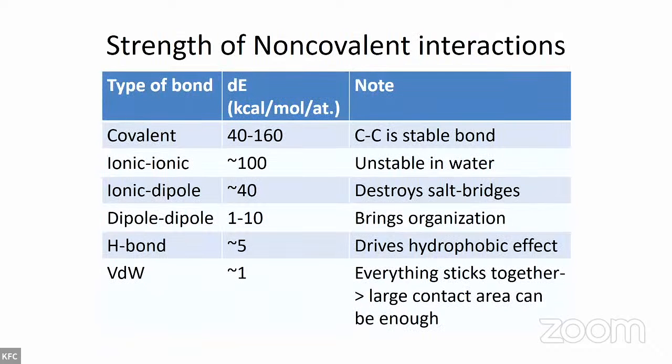So how strong are those interactions? The covalent ones, in kcal per mole, are usually 40 to 160. Carbon-carbon is 100.